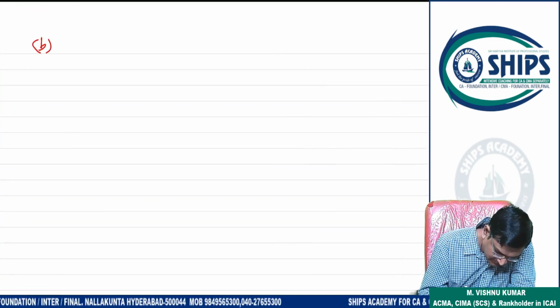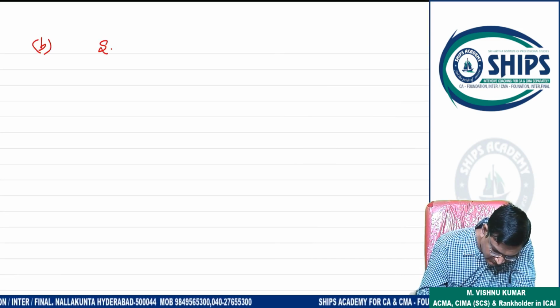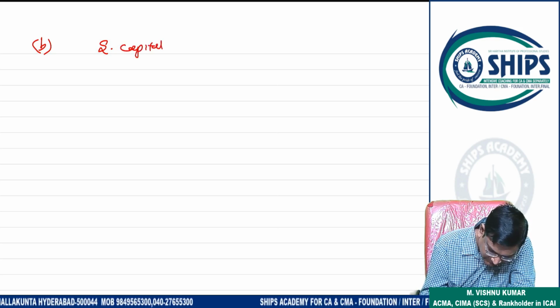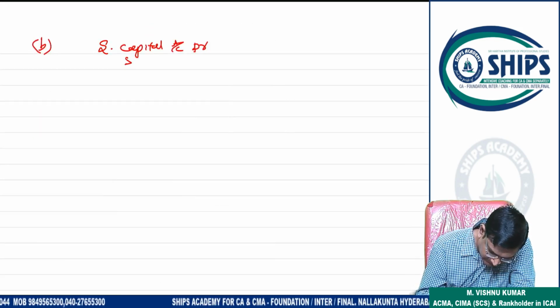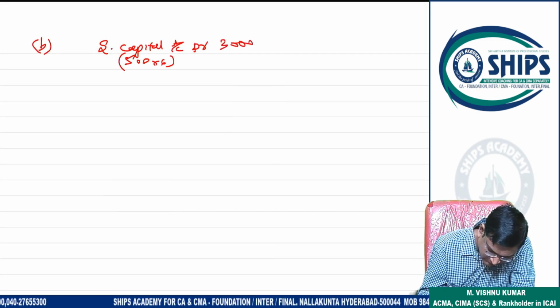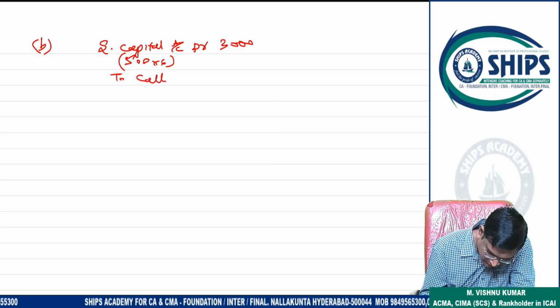Case B. Here share capital account debit. 500 shares forfeited. So 500 into 6 called up, to call scenarios.